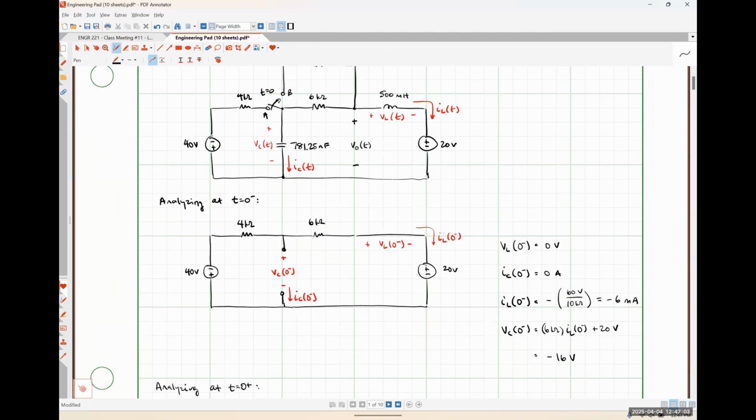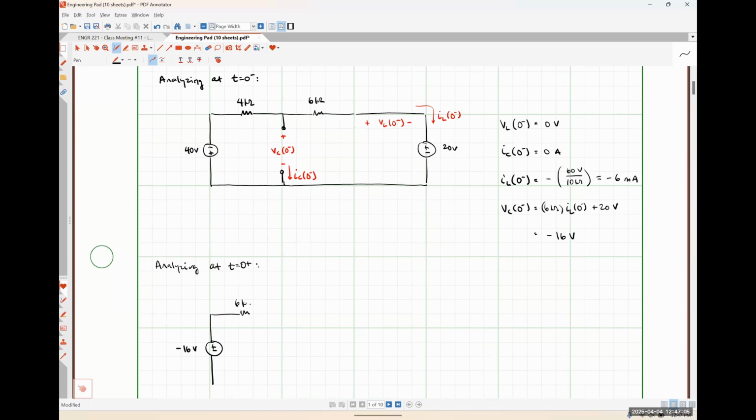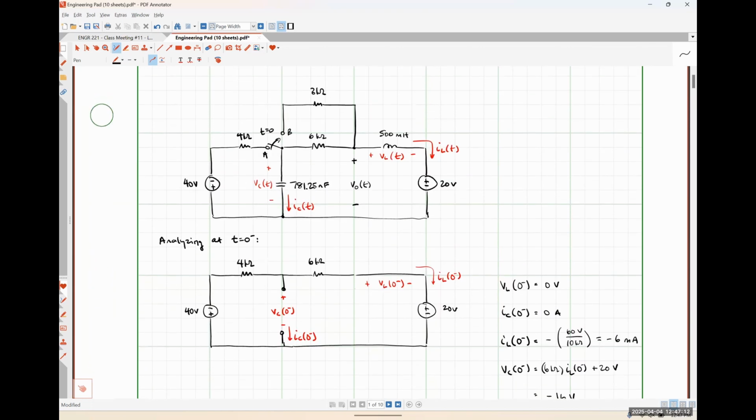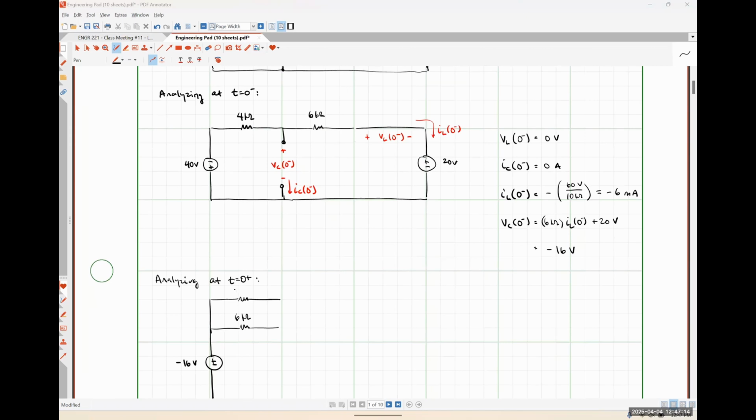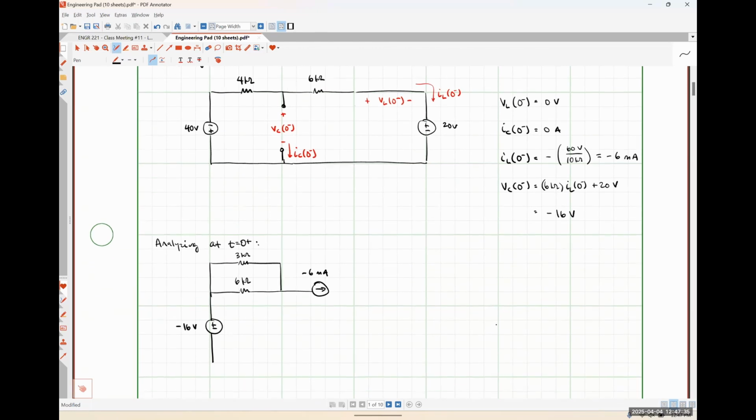This is a 6 kilo ohm resistor. This is a 3 kilo ohm resistor. My inductor is going to look like a current source, driving a current of negative 6 milliamps to the right, because IL was defined to be flowing from left to right.